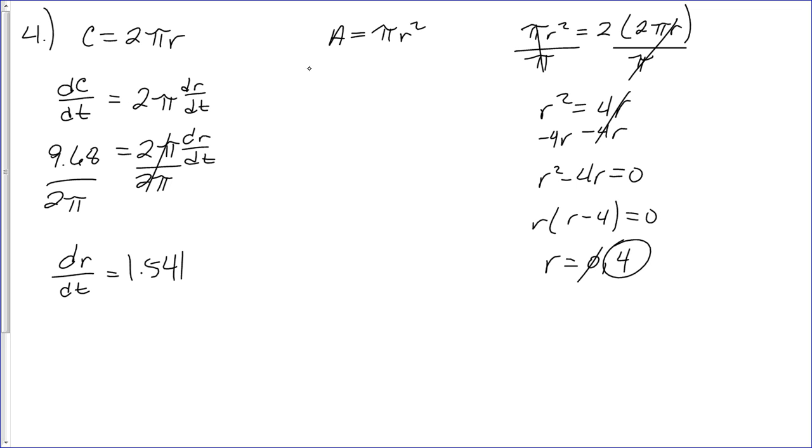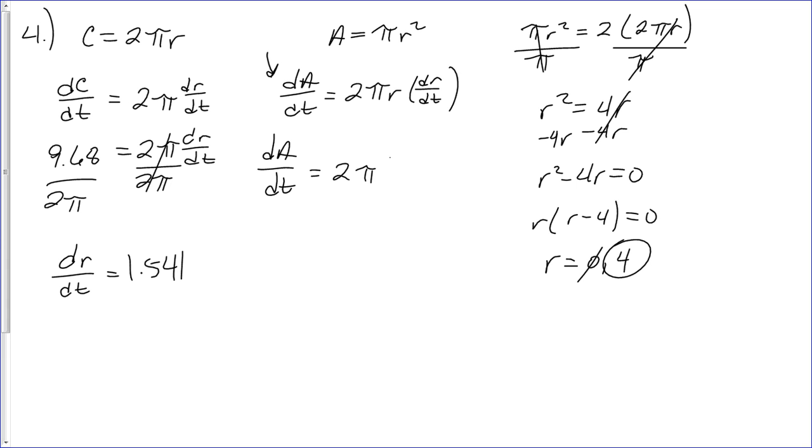Now let's take the derivative of the area because we're going to plug this in and we're going to plug the radius in. So dA/dt equals 2 pi r times dr/dt. All right, this is what we're looking for, dA/dt. And that's going to equal 2 times pi times 4 times dr/dt, which is 1.541.